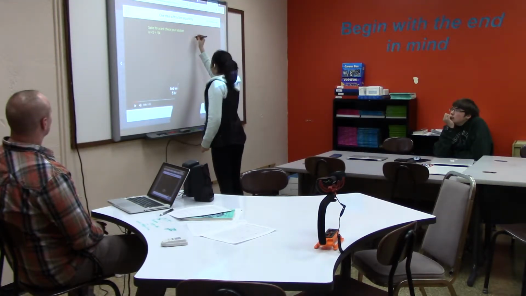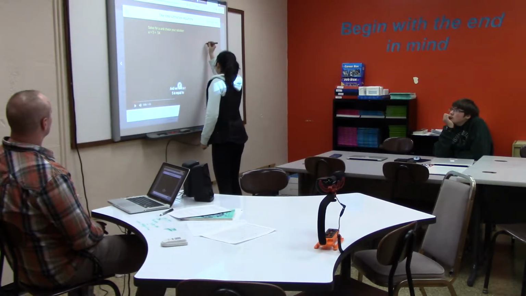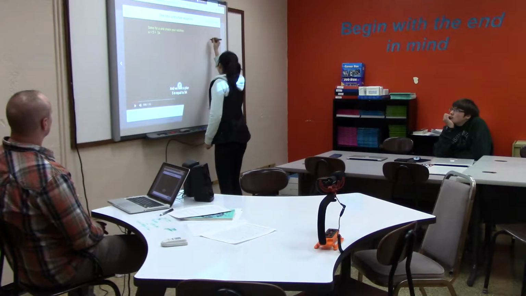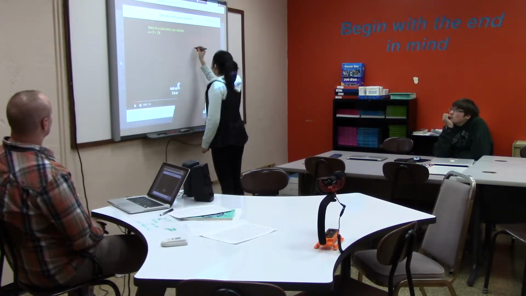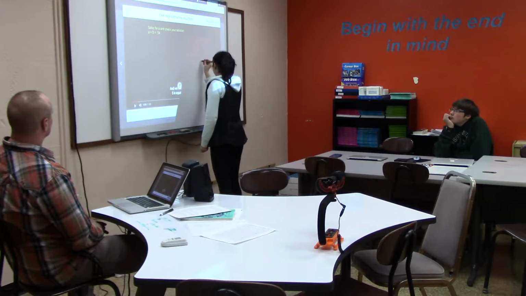A plus 5 equals 54. And minus 5 is 5. Put a right here.